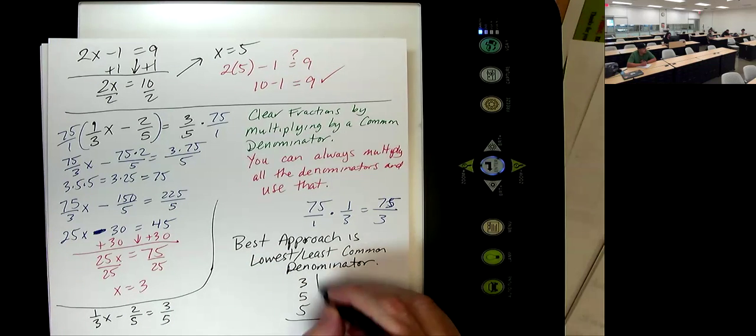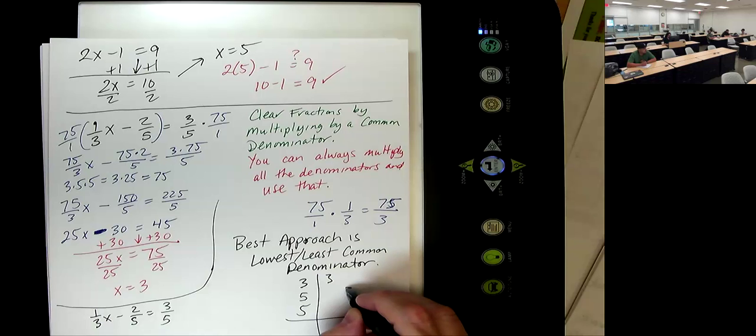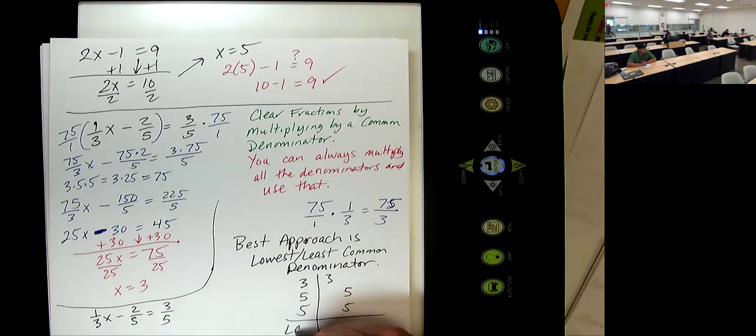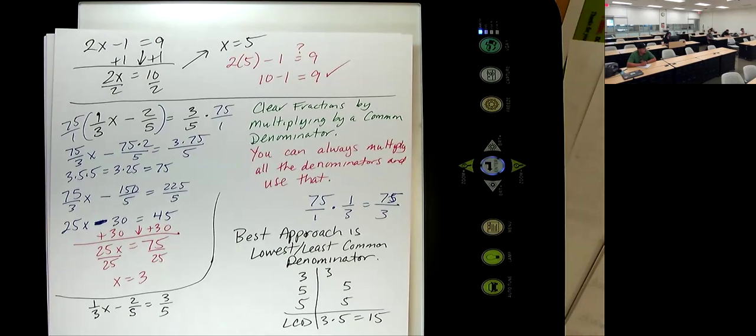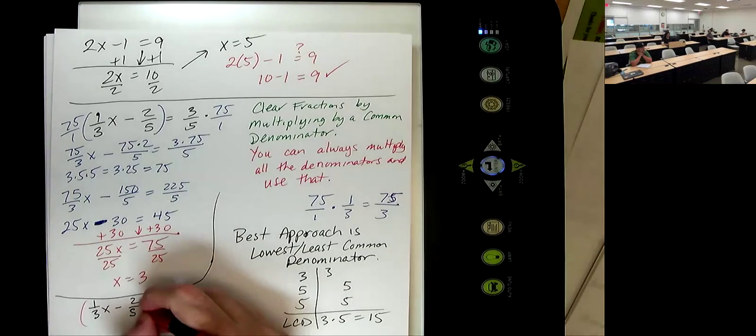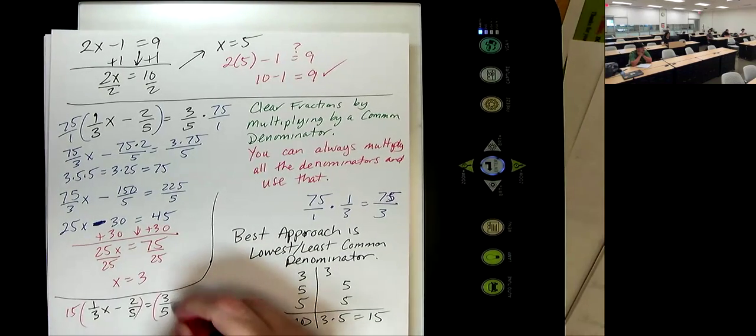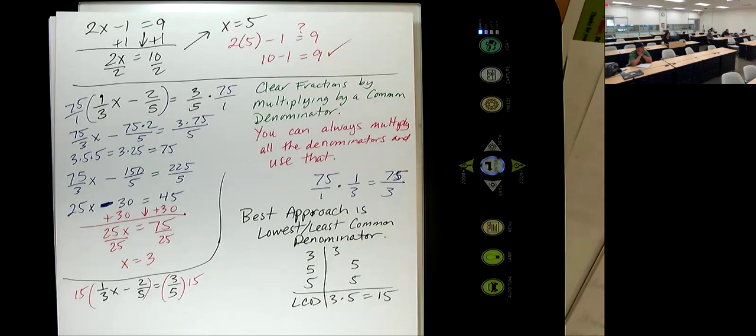Do our little LCD chart. So instead of multiplying by 75, multiply by 15. The numbers are gonna be easier, smaller, and they cancel right away.